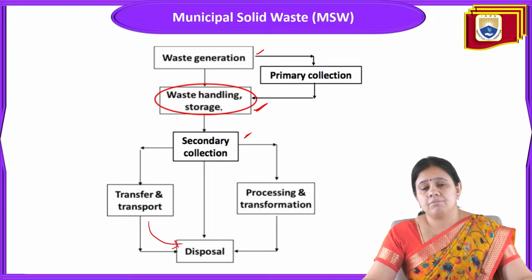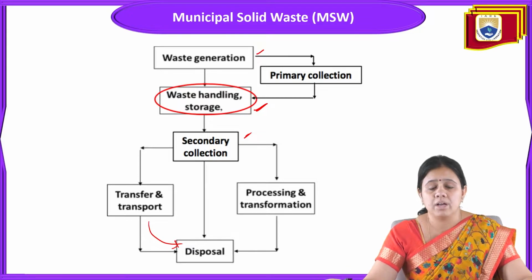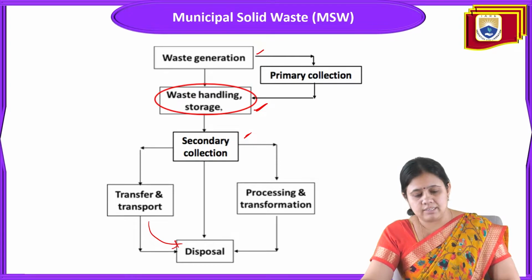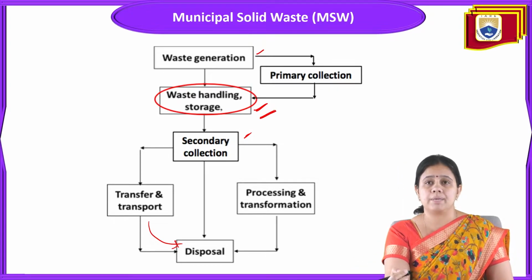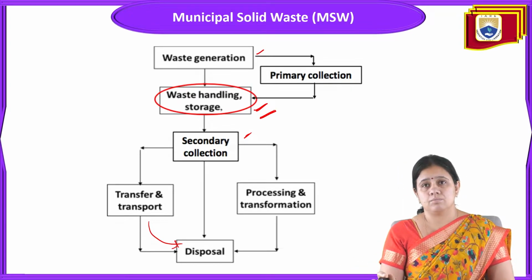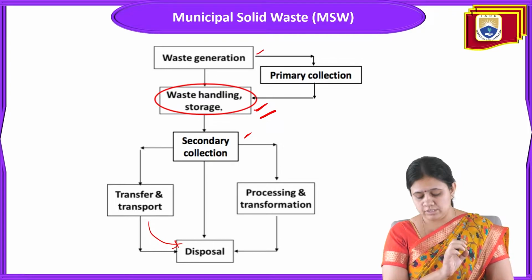If it is an apartment, some people are there; if it is a single house, then the municipal people will come, or whatever methods we are following in our country for waste handling. So let's start this lecture with waste handling and storage methods.